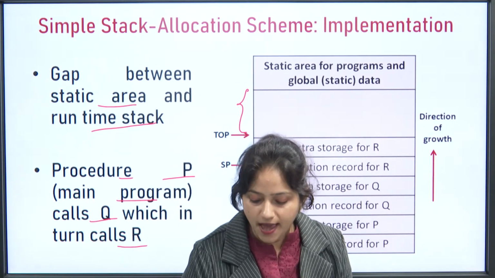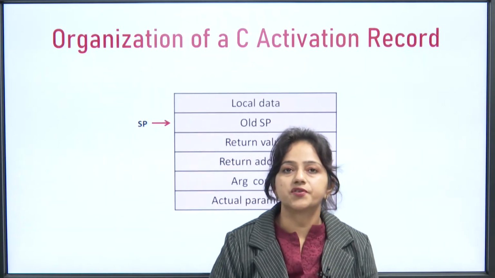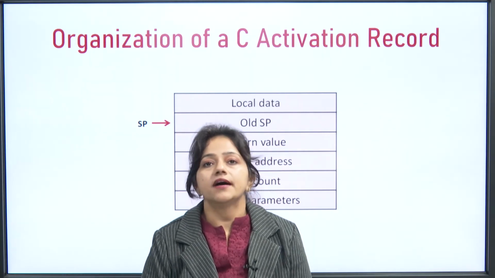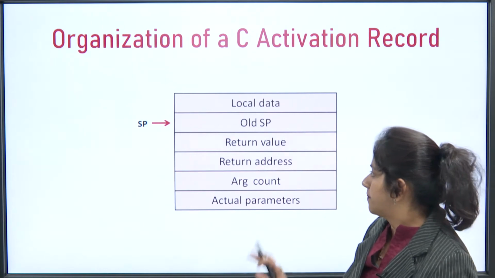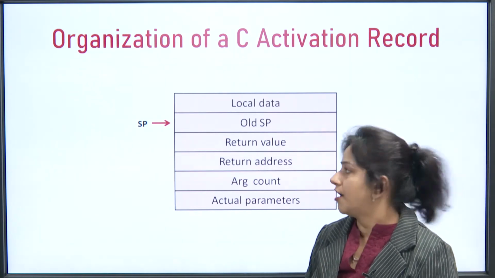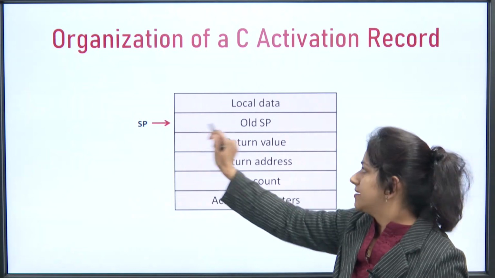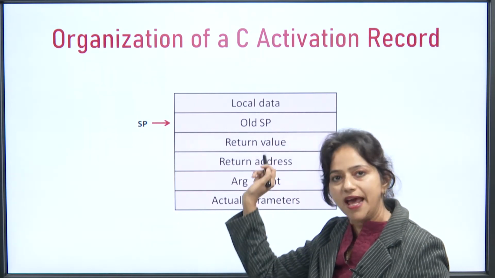Everywhere we have space for the activation record and extra storage. Now, here we can see the organization of the activation record in the C programming language. We can observe that broadly there are 6 fields here. This is the stack pointer, and the stack pointer is pointing to this particular record, that is the old stack pointer.